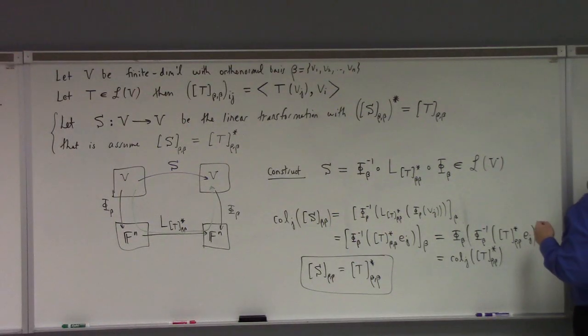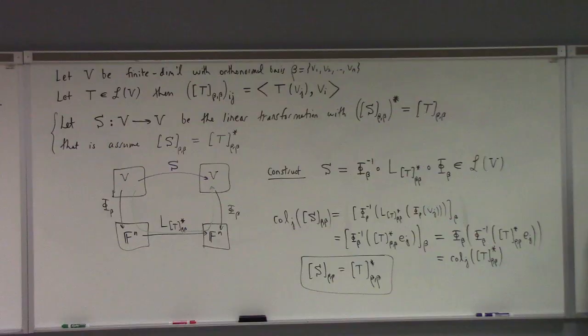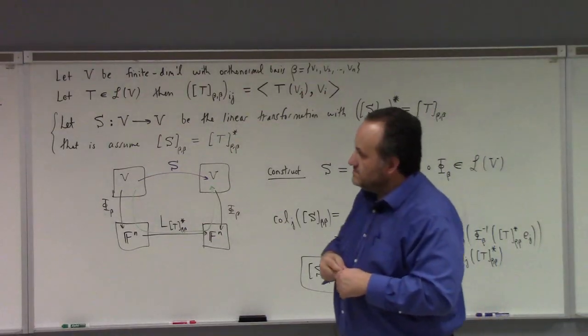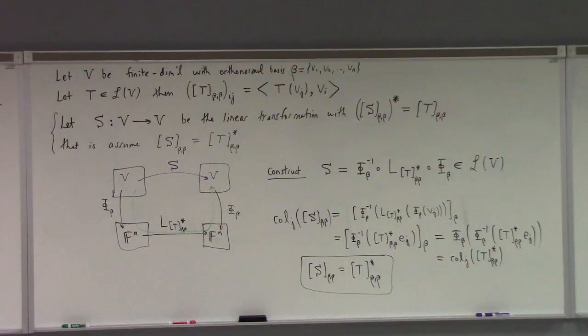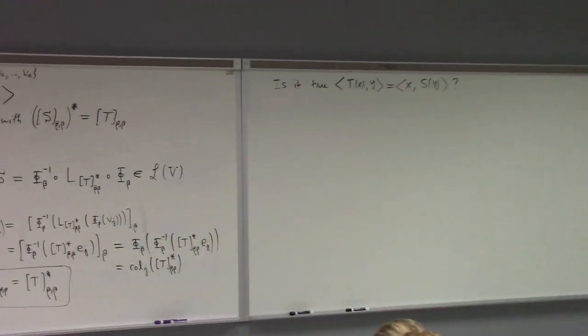Is it true that the inner product of T of x with y is equal to x with S of y? Isn't that what I want for S to be the adjoint? Is that true for the S we've constructed?